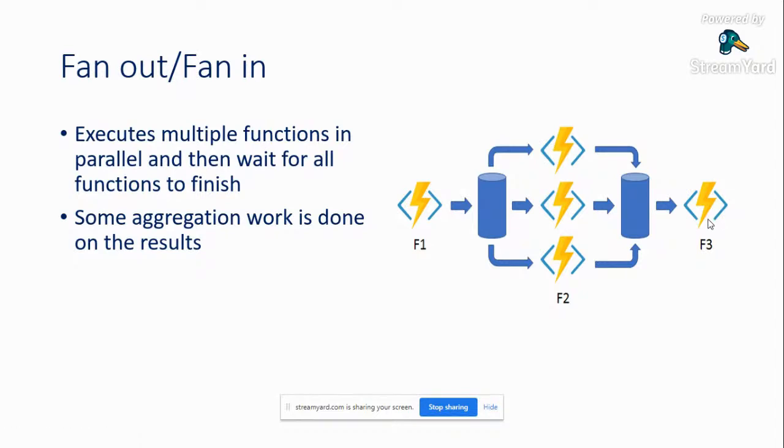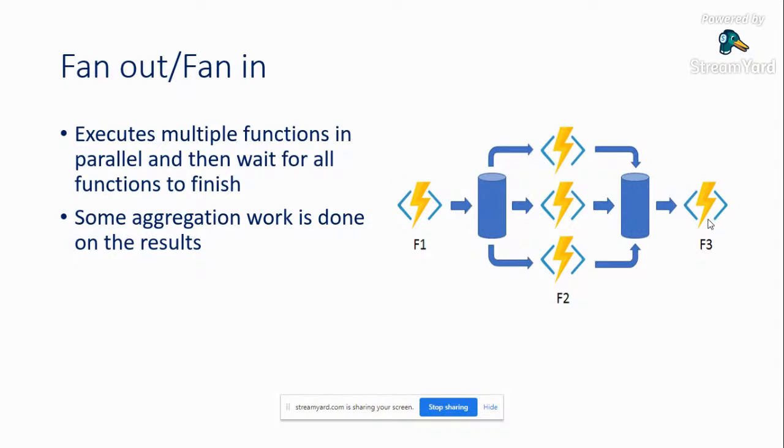Okay, so this particular pattern, the fan out and fan in pattern, will help us to execute the task in a parallel way. For example, we have three tasks that need to be run in a parallel or concurrent manner. This orchestrator function will wait until all the three functions get executed.